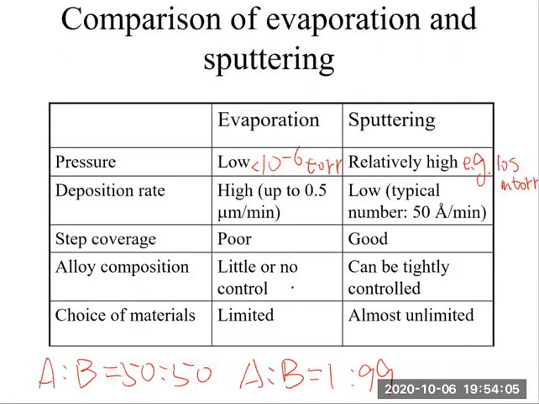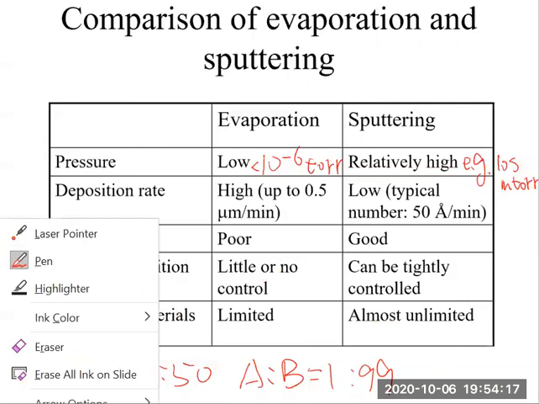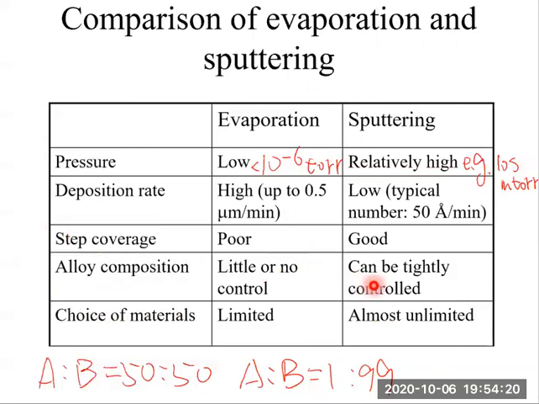So we typically do not use evaporation to prepare alloy thin film because of this poor control of alloy composition. On the other hand, sputter deposition can have tight control of the alloy composition. So we typically use sputtering to deposit alloy thin film.